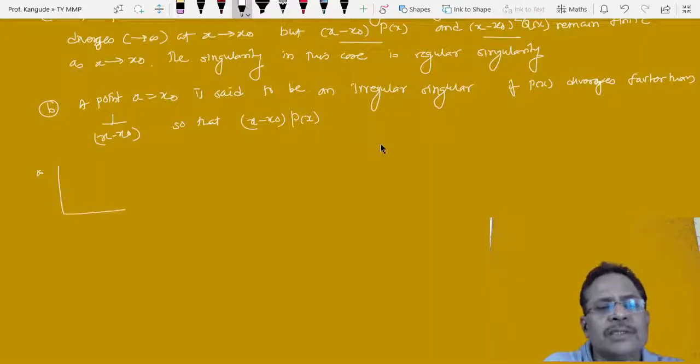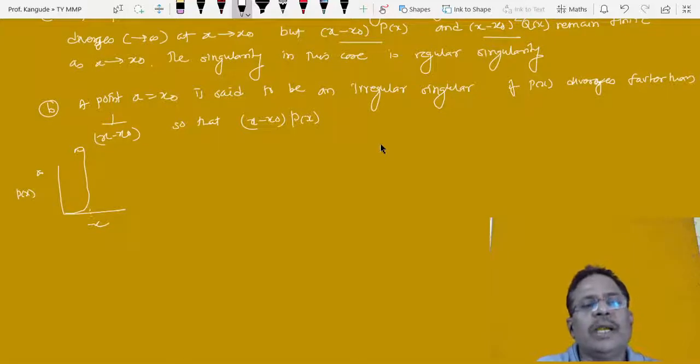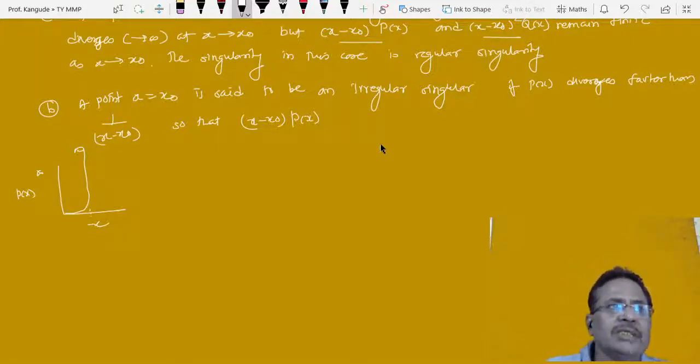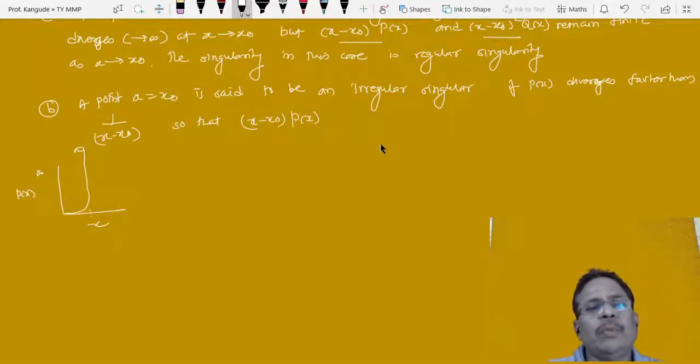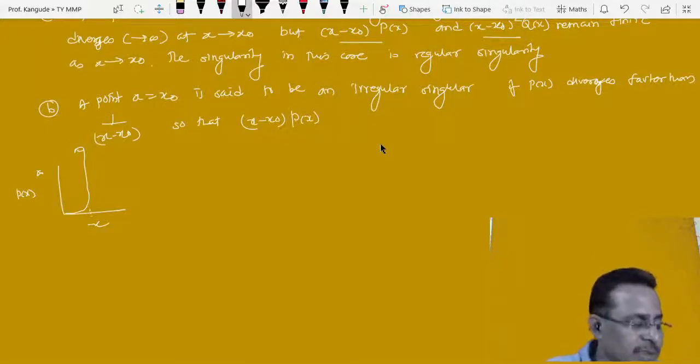So this is x and this is the value of p of x. At a particular value of x, this function diverges, that means becomes infinity. Such a point is said to be a diverging point. So p of x becomes more diverging as compared to 1 upon x minus x0. That is the condition here.